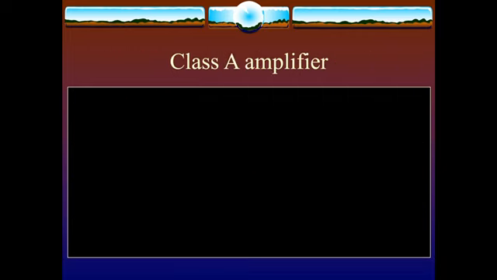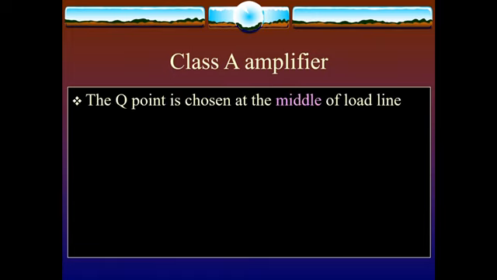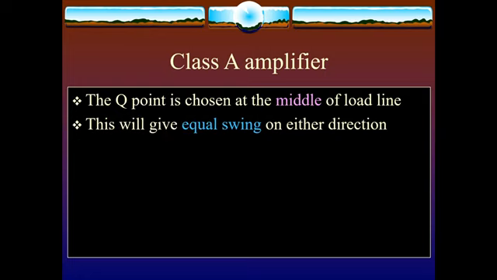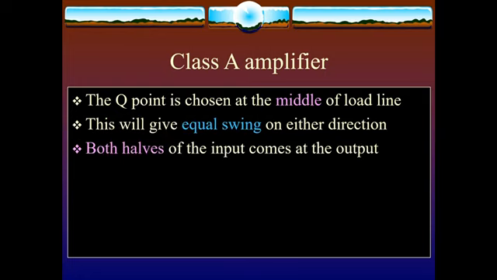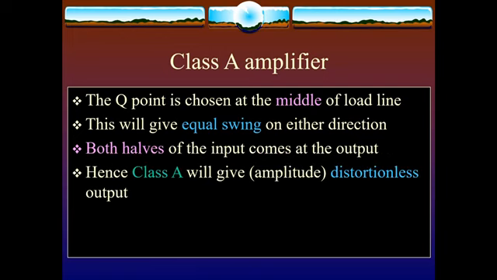Next, we will see what a class A amplifier is. In a class A amplifier, the Q point is chosen at the middle of the load line. This gives equal swing on either side. Both halves of the input come at the output, and hence class A gives an amplitude distortionless output.